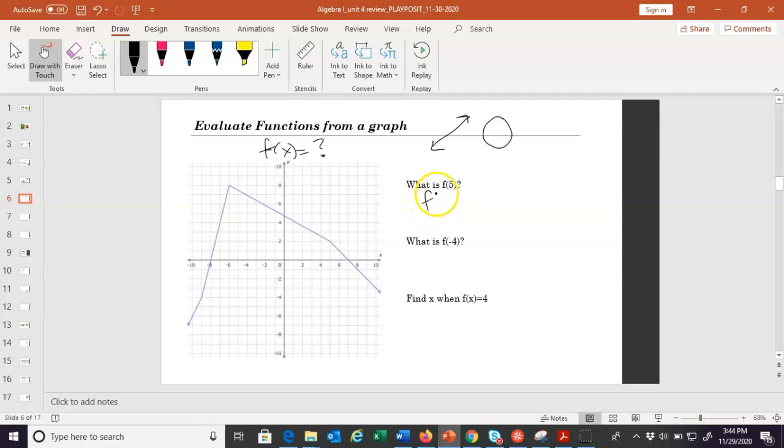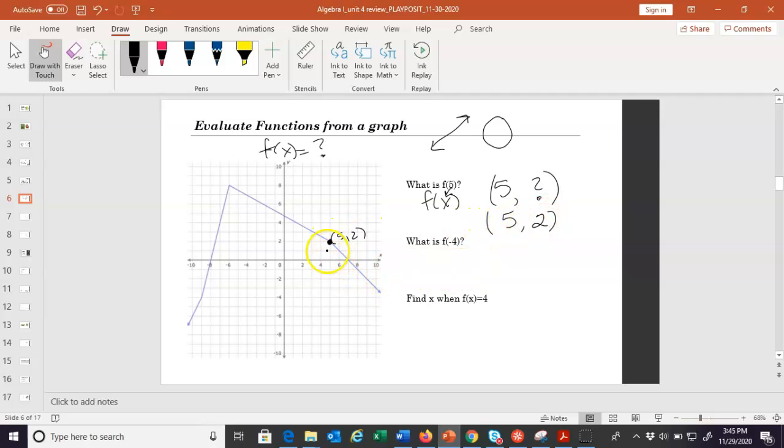So remember, this is f of x. So 5 is the x value. So they're saying, okay, if x is 5, what is y? So let's just go to the graph at x equals 5 and go up to the line and say, well, what is the y value there? Oh, it's 2. 5 comma 2.